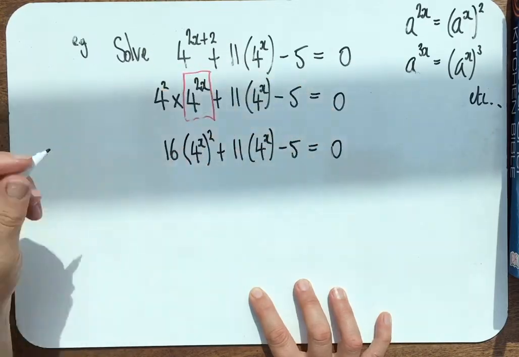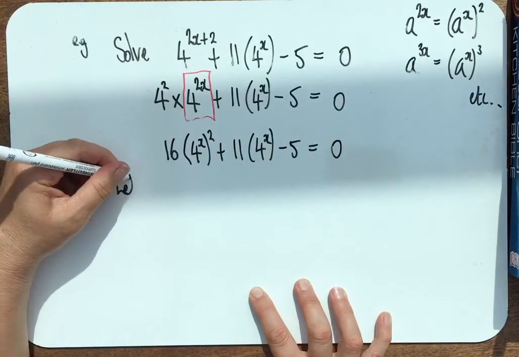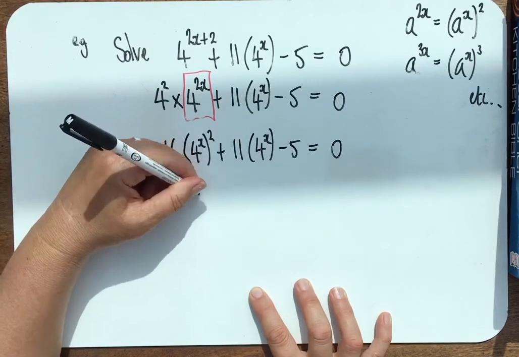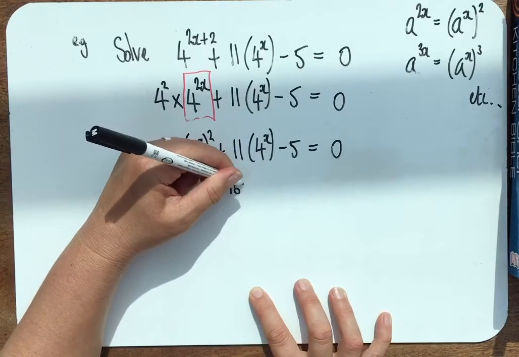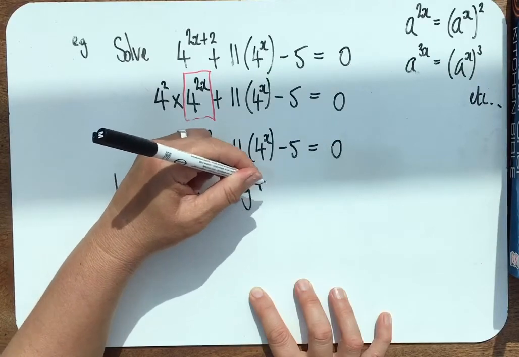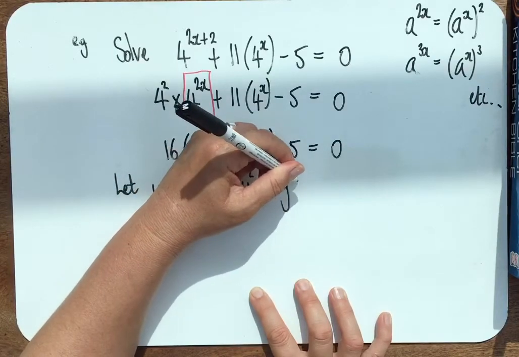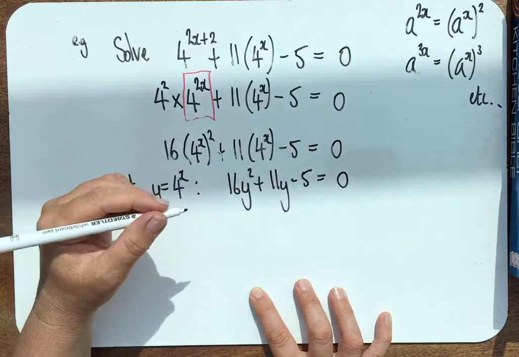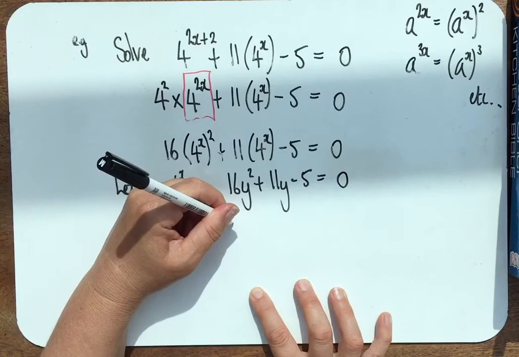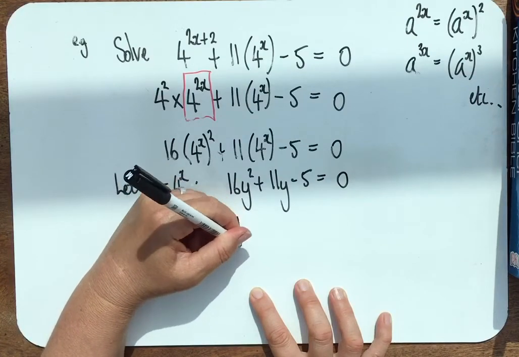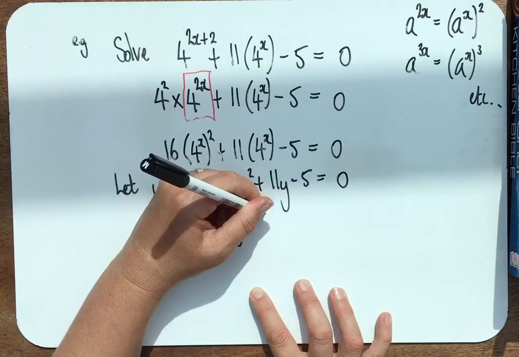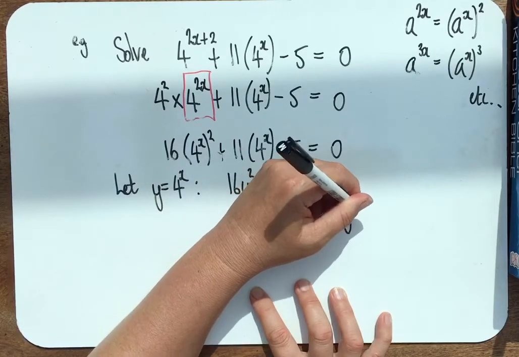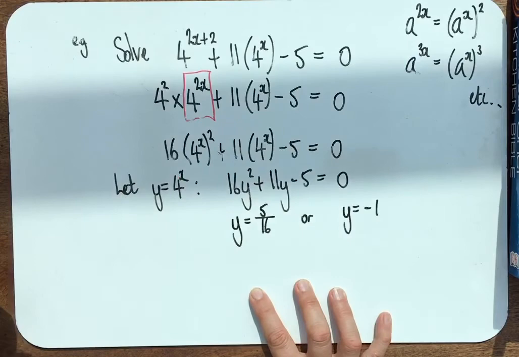And then if you want to make that even more obvious, let y equal 4 to the x. And then you get 16y squared plus 11y minus 5 equals 0. That gives you that y is equal to 5 over 16, or y is equal to minus 1.